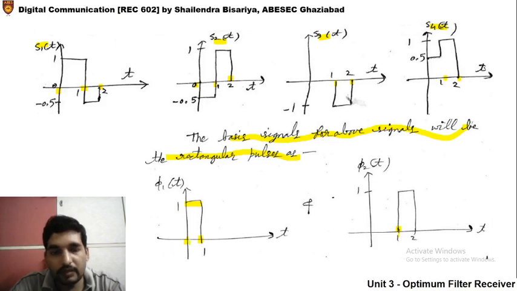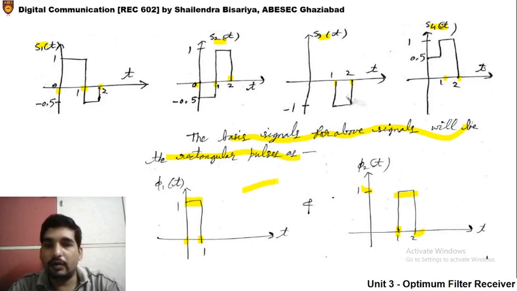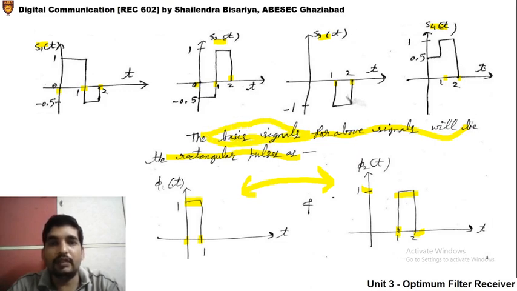One rectangular function from 0 to 1 with amplitude 1, and another rectangular function, again with amplitude 1, over the interval 1 to 2. They will not correlate with each other, they are separate in time, so the multiplication is simply 0. These are the two basis signals. We can draw all the four signals based on these two basis signals.